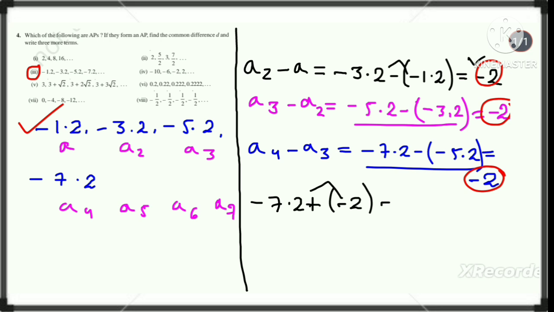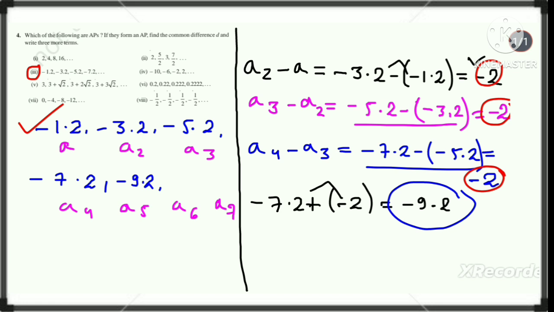After adding we obtain minus 9.2. Okay, in this way we have obtained its fifth term, that is minus 9.2.